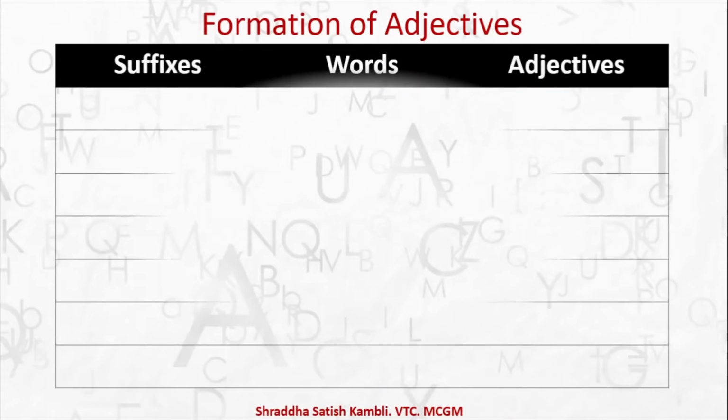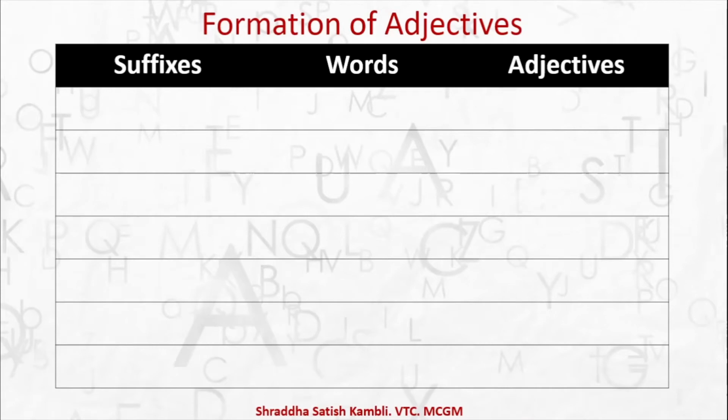Come on, let's go to how adjectives can be formed from other words by adding suffixes. So see, I have this table for you. So here we have the suffixes, we have the words, and we have the adjectives which are formed from these words. So let's take the first example. If I add the suffix able, the word depend becomes dependable. The word accept becomes acceptable.